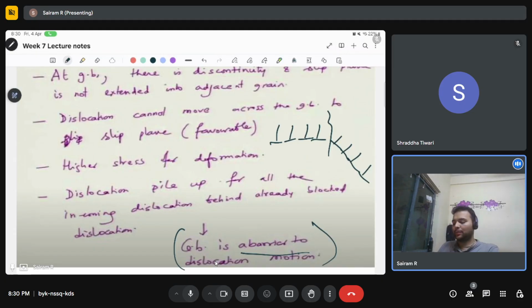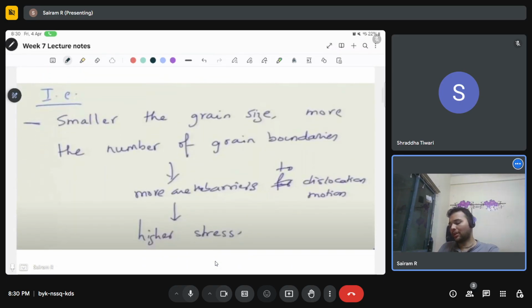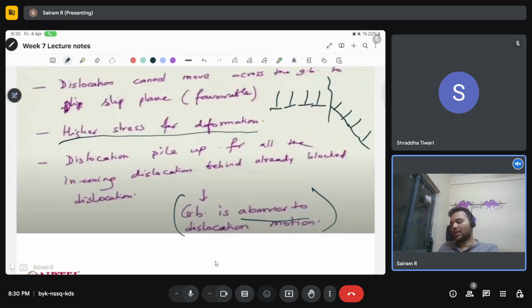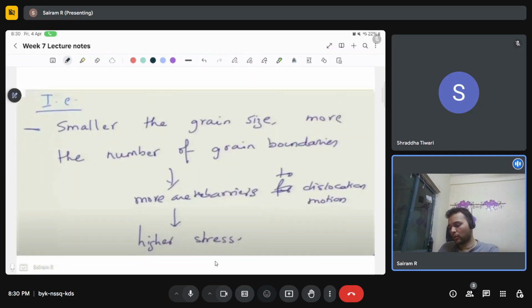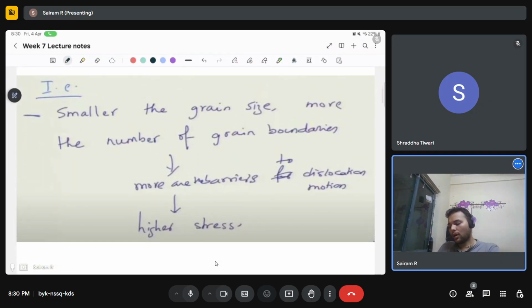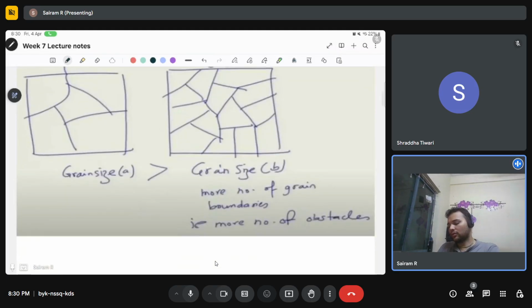Now, this pileup would need higher amounts of stress for deformation, and this is one of the most important methods by which grain boundary strengthening occurs. Now, the smaller the grain size, the more is the area of grain boundaries, therefore more are the barriers and I would need higher stresses.